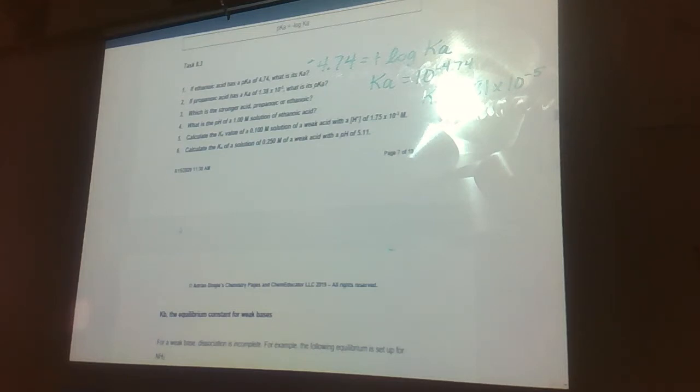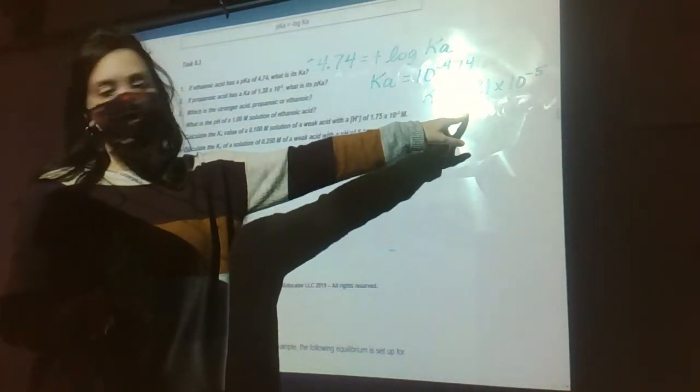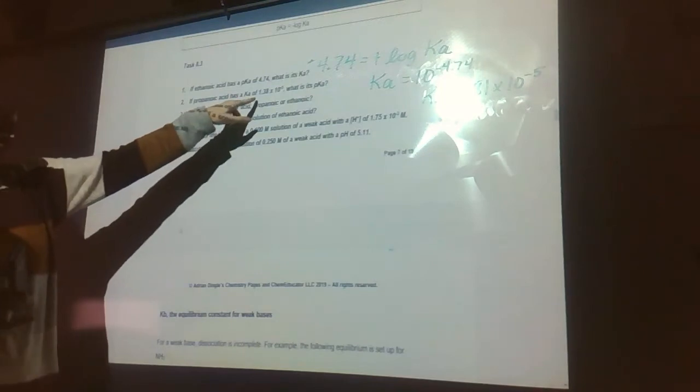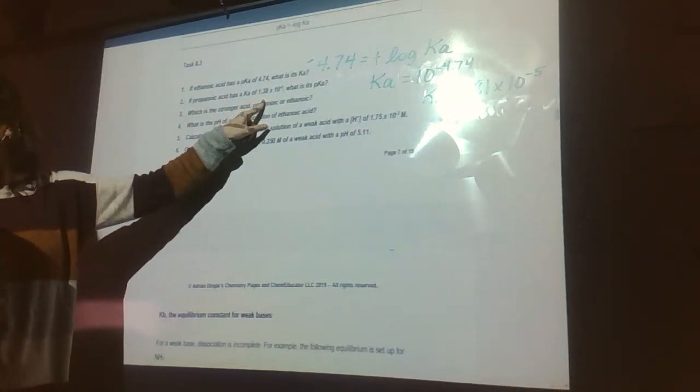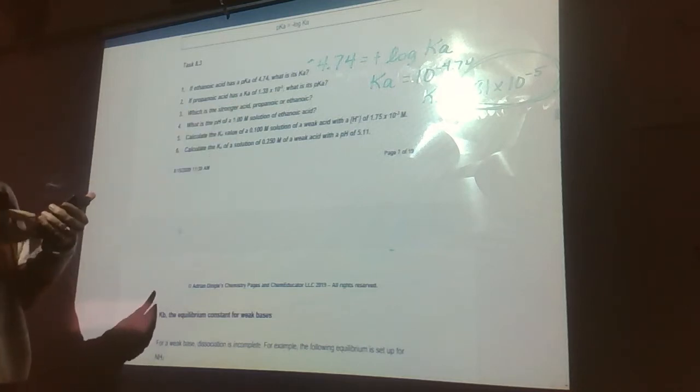Okay, if propanoic acid has a Ka of 1.38 times 10 to the negative fifth, what is its pKa? You just take the negative log of that. Which is the stronger acid, propanoic or ethanoic? Ethanoic had a Ka of 1.81 times 10 to the negative fifth. Propanoic has 1.38 times 10 to the negative fifth. This one dissociates more, so it produces more hydronium, so it's the stronger acid.